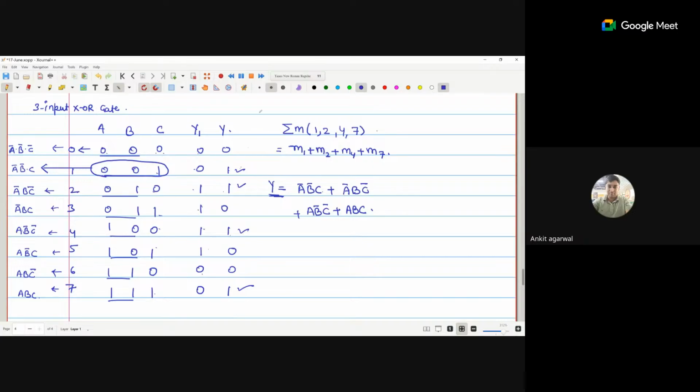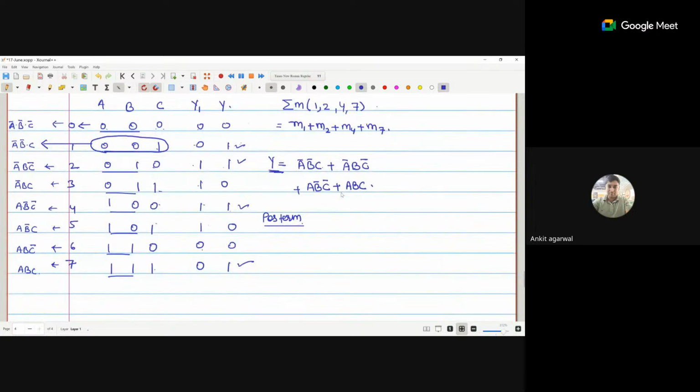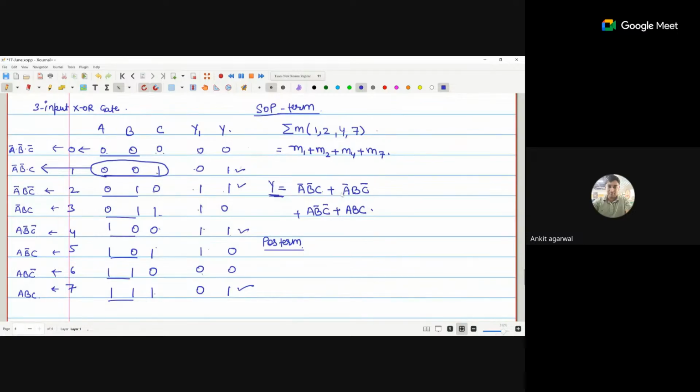Similarly, if I want to write in a POS form, so this is the SOP. Now the POS terms. The first POS term is A plus B plus C. Is it clear? Yes, sir. Okay.